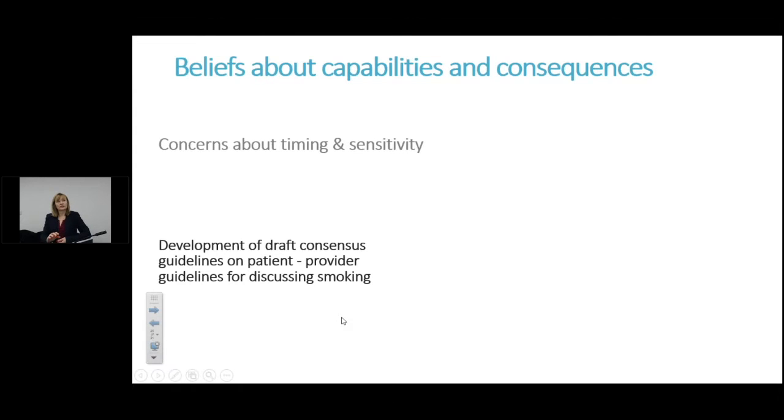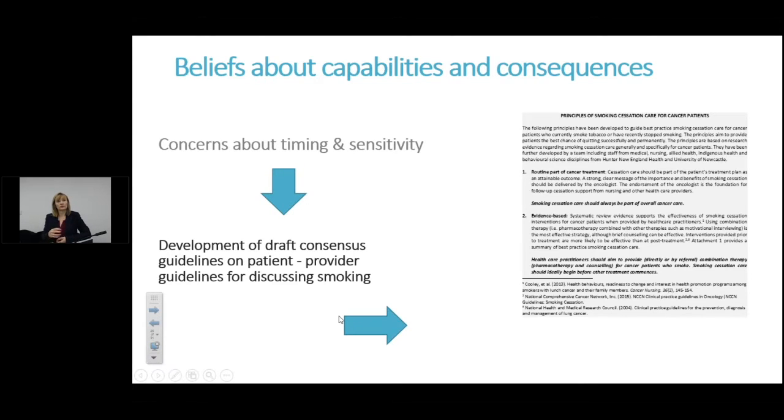So what we did was a little project off to the side, which was developing some draft consensus guidelines, and in that process we involved both patients and providers and a broader group involved in communication skills to get some guidelines together around how to discuss smoking for this particular patient group, given that not much had been done with them around how they wanted to have this discussed.